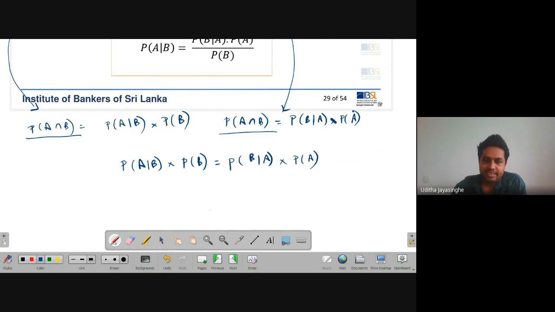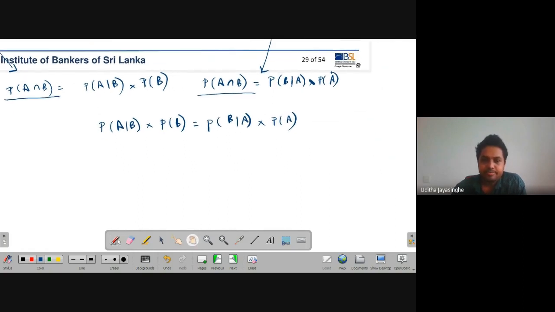And the final outcome is that you can take one of these events to the focus. I take probability of A given B. If that is the needed one, and if you know all these individual elements, probability of A, probability of B, and one more element, what is that?